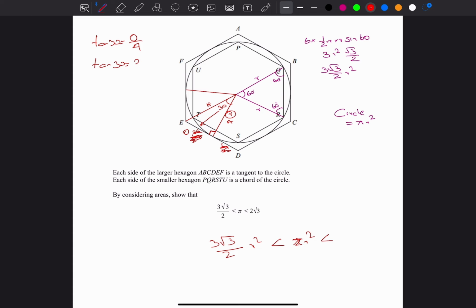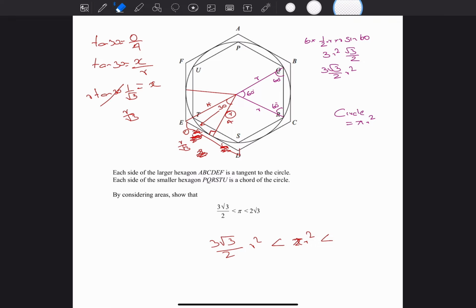Opposite is x, adjacent is r. x is r tan 30. Tan 30 is 1 over root 3, which is basically r over root 3. So this is r over root 3. We don't need the whole thing actually.